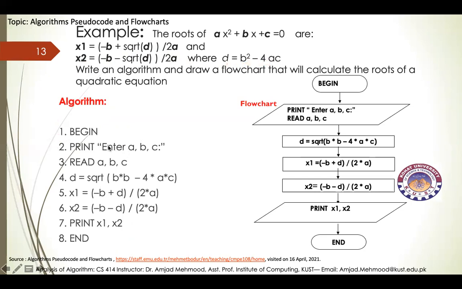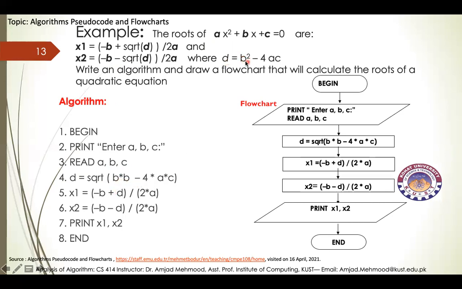This is the algorithm. You can see here that you are asking for, because you have the variables a, b, and c. So you are asking for these values, and then you will be reading, and then you will be calculating square root of, as you know, this is b square minus 4ac.